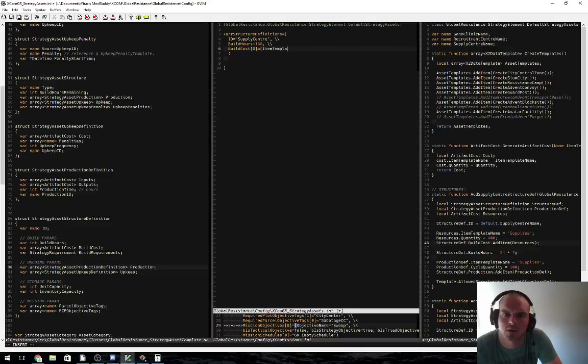So this would be something like item template name equals, and there's a bit of a contradiction here because this is going to be generating them too, but I guess I just need to get some runs on the board really. Okay, so yeah, we can do that. So build costs, build requirements.